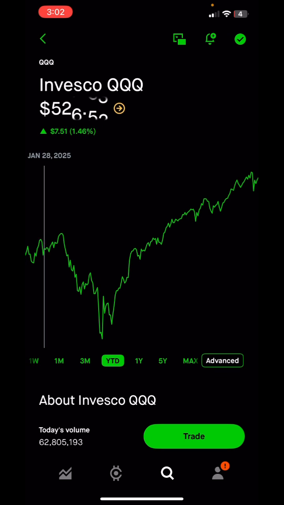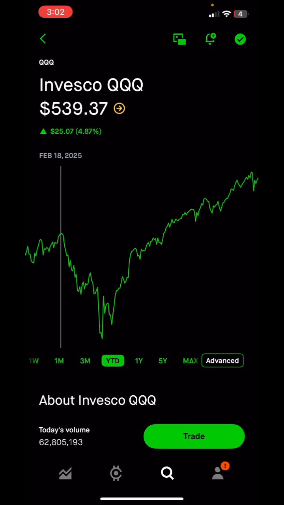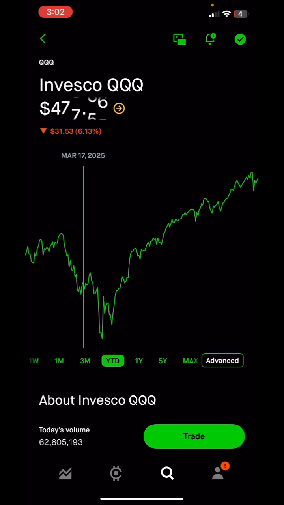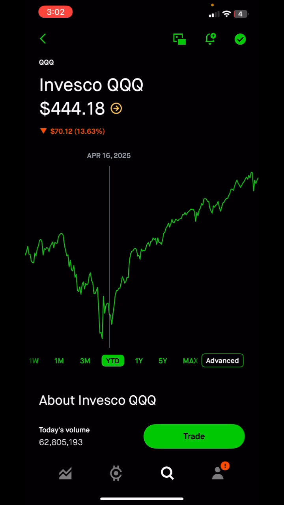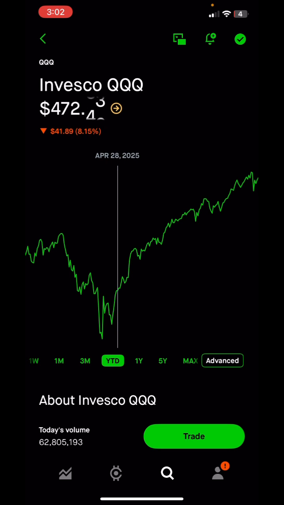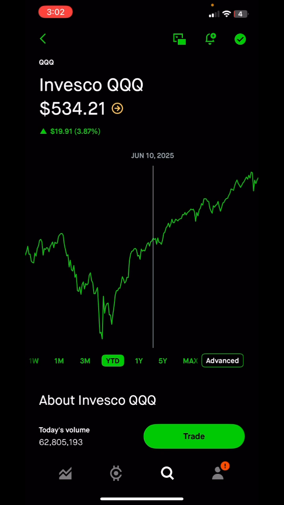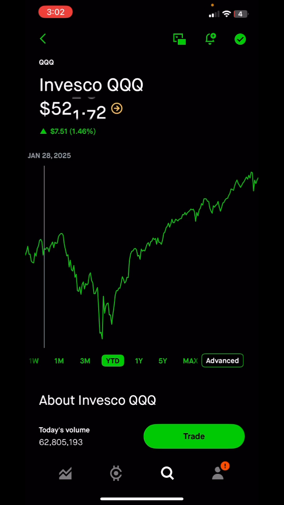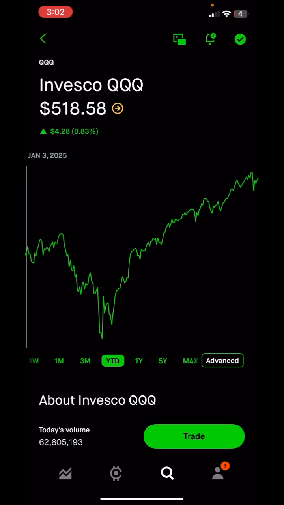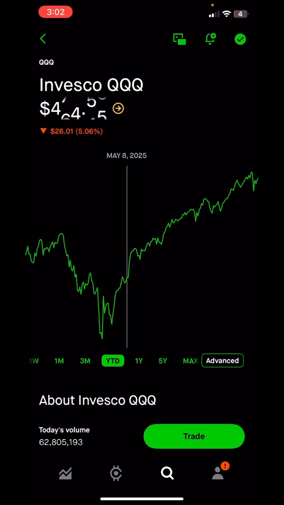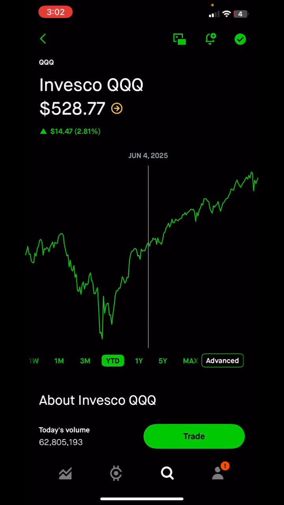It got up to like 539, then it went down to 480, 460, 440. Now it's coming back up. By the time early June, 527. So 518, 528 pretty much in 6 months. So that's just a $10 move.